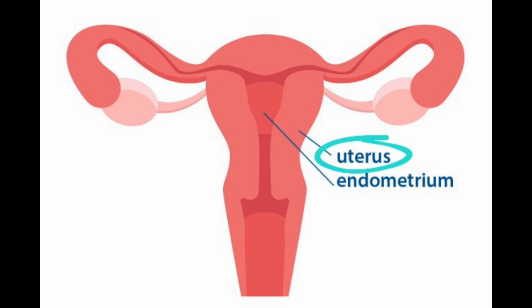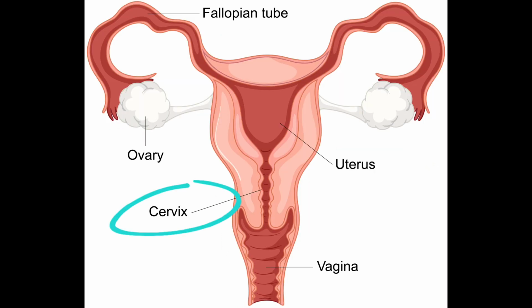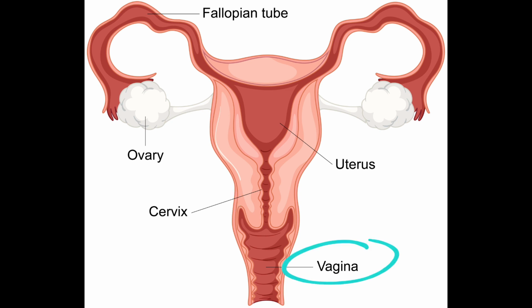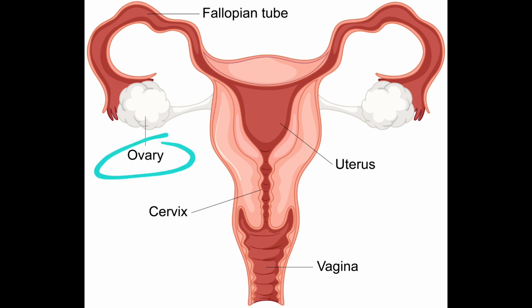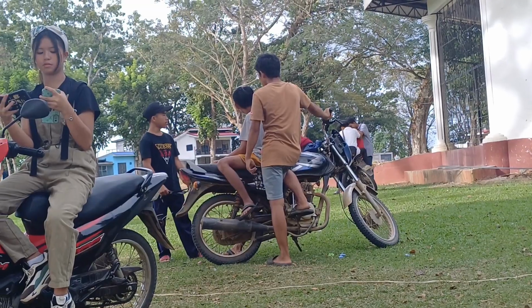It is where the fertilized egg develops and allows the baby to grow. The cervix is the narrow end of the uterus which forms a canal between uterus and vagina. The vagina is a muscular tube leading from the external genitals to the cervix of the uterus in women and most female mammals. And the ovaries produce eggs.